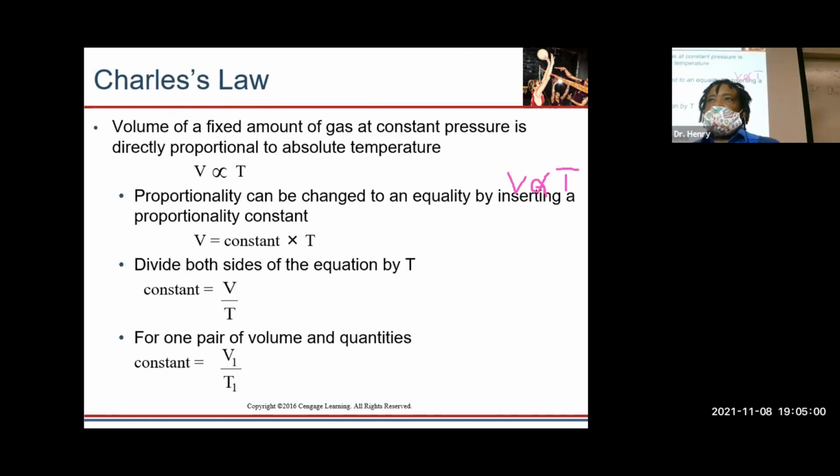Okay, so then we can actually calculate what that temperature actually is, right? So what is a constant? Something that doesn't change, right? So if I have one volume over a temperature and I have another volume over temperature, they're going to equal the same constant, right?